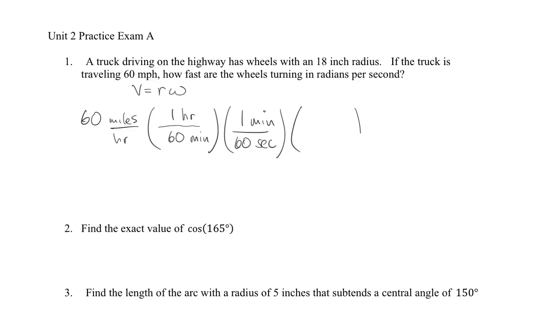And then we can convert miles into inches. So we have 1 mile, it's 5,280 feet. And then we can convert 1 foot is 12 inches. So this is going to put 60 miles per hour in terms of inches per second.